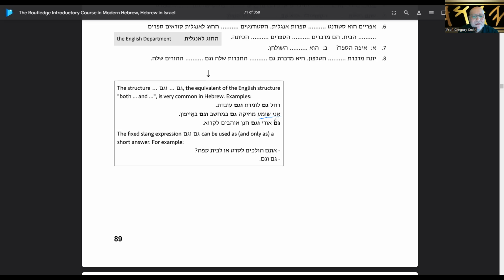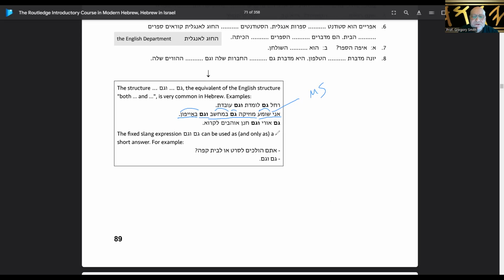Yeah, ani shomea. That's right, shomea, because it defaults to the masculine singular. Ani shomea muzika gam b'machshav, also on the computer, gam, and also on the iPhone.